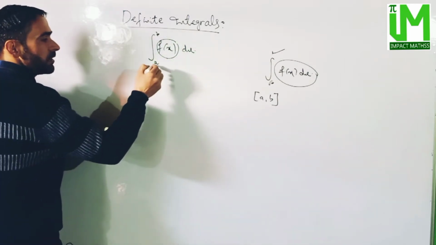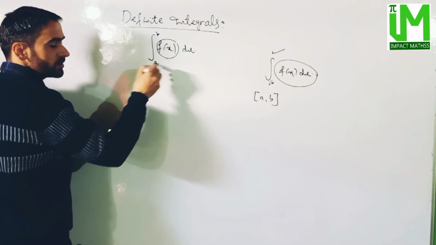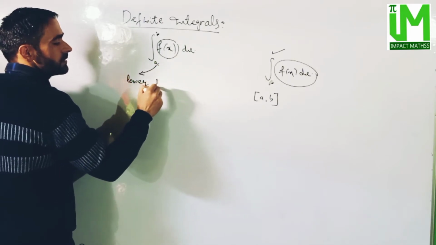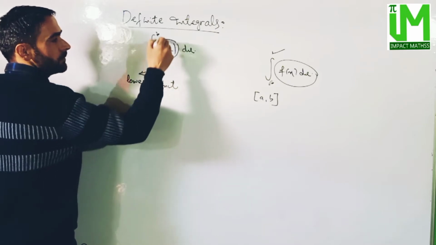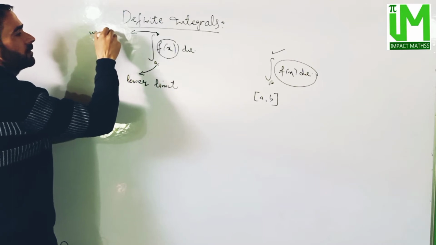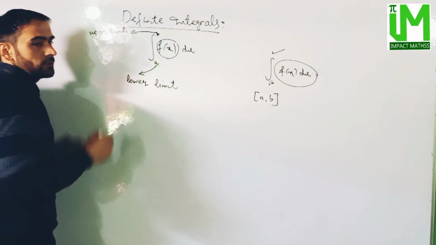Here this is called the lower value or lower limit, and this is called the upper value or upper limit.